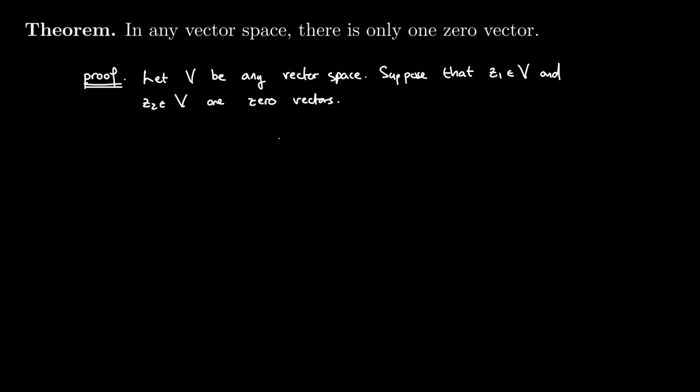But if these are zero vectors, then we have a very simple argument: if I take Z1 and add it to Z2, then this will be equal to Z2. And why is that? Because this equality is just coming from the fact that Z1 is a zero vector.